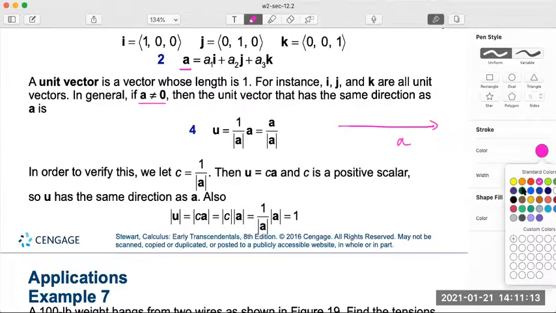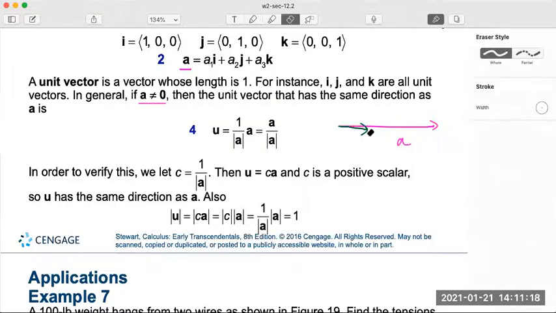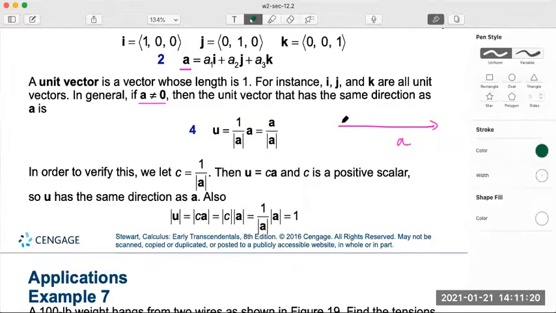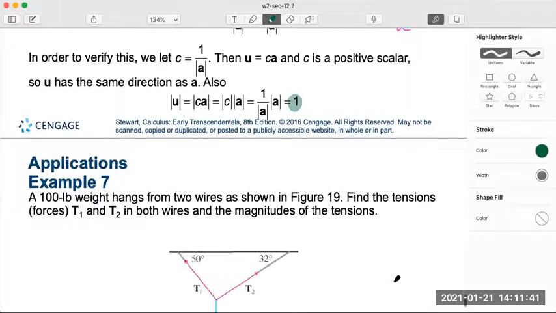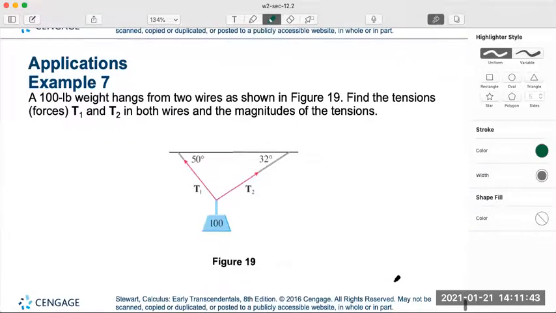Then in any direction, we can always find a unit vector which points in the same direction as vector A. And it is unit, therefore the length of that will be simply 1. It's a new idea, so these are some new concepts. Let us follow this example here.